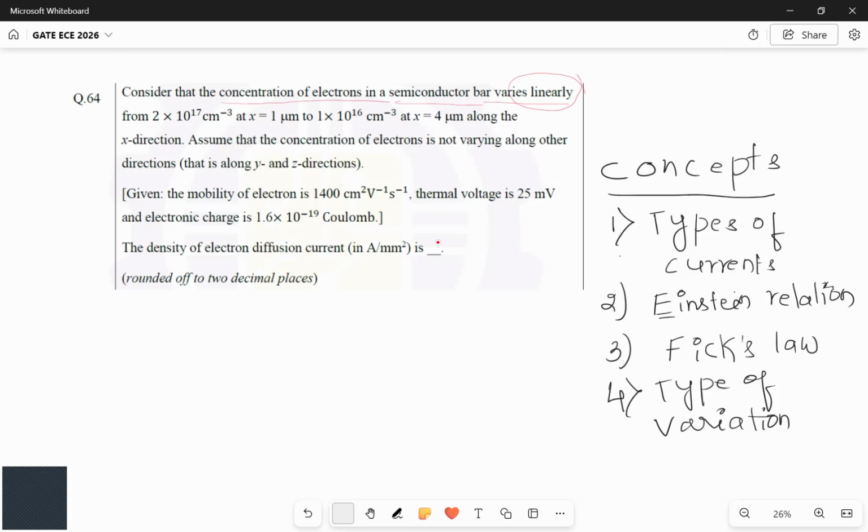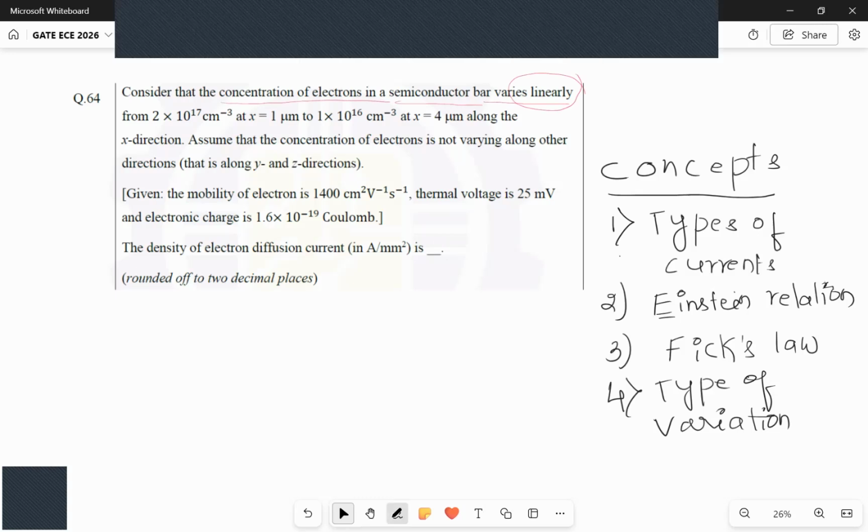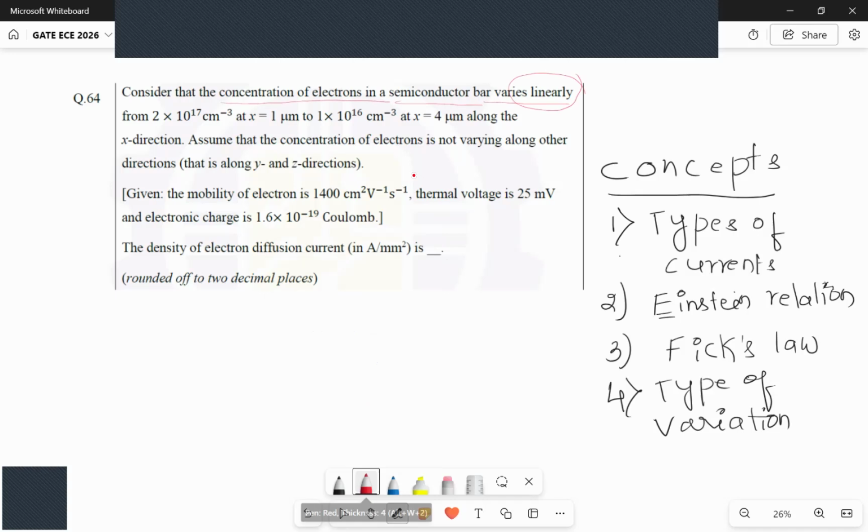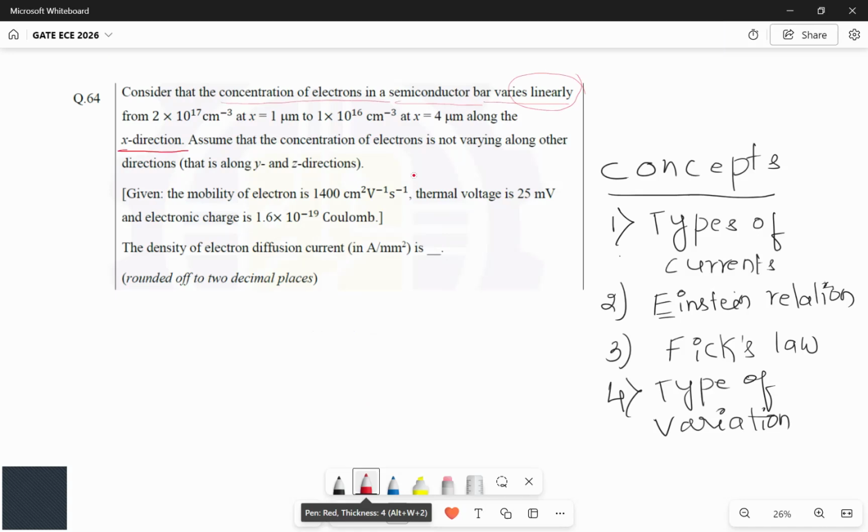Second thing is, along the x direction. The concentration of electrons in a semiconductor bar varies linearly along the x direction, and in the y and z directions the concentration is not varying, meaning no change in the y and z directions.